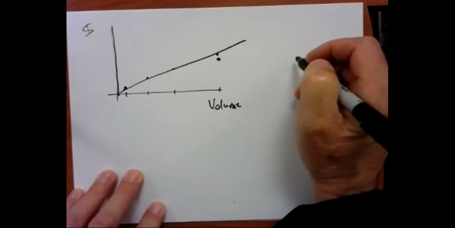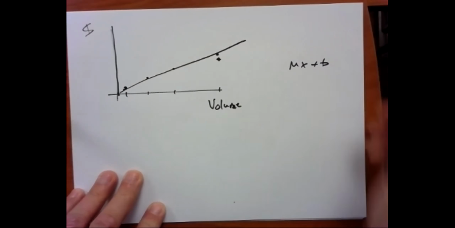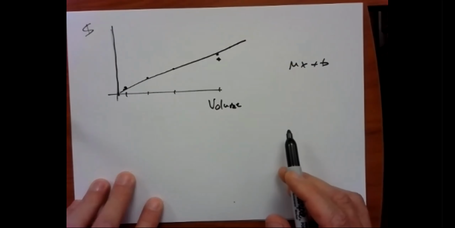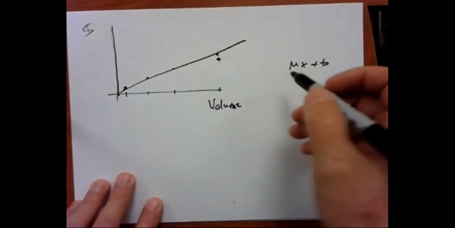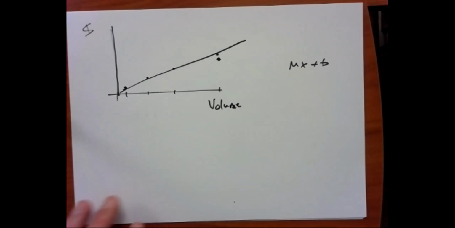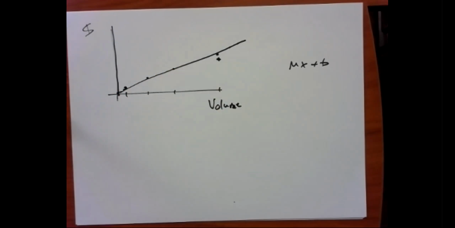So Emma actually gives us the formula for the line, which is MX plus B, right? So that would be the formula for this line. This is pure variable cost, so we're only graphing the variable cost. So B is 0 in this case, right? Because if I do 0 visits, or if I do 0 tests, I have 0 cost.